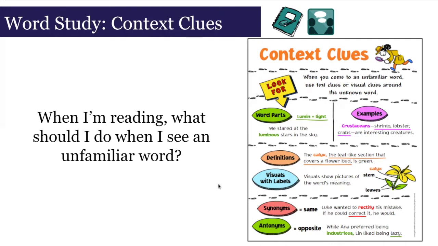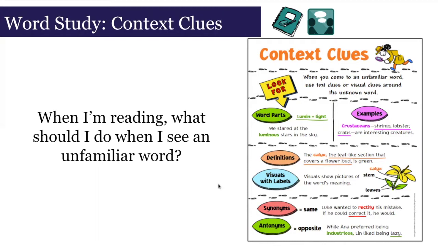Next, you have definitions. There might be other words in the sentence that provide a definition, either directly stated and signaled by a word or punctuation mark, or you might have to make an inference.